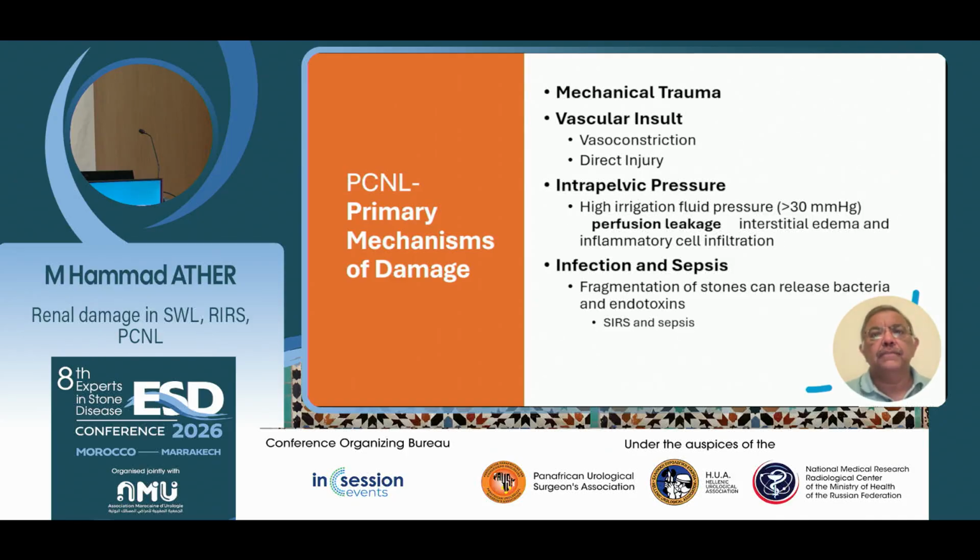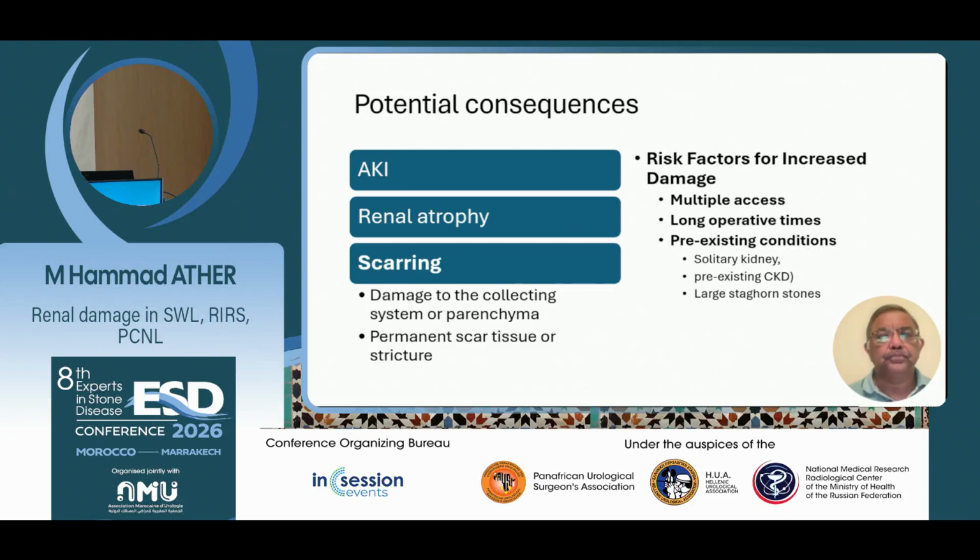The infection and sepsis, which is often due to the fragmentation of infective stones, release of endotoxin and bacteria, with subsequent systemic inflammatory response syndrome, along with sepsis, can cause AKI. The potential consequences are AKI, renal atrophy, renal scarring with damage to the collecting system, and formation of permanent scar tissue and strictures.